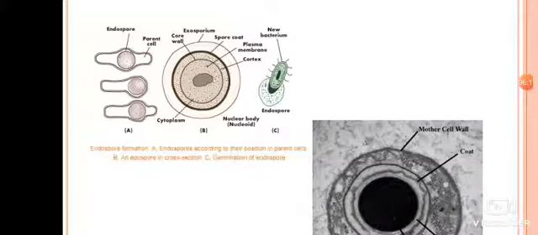On the basis of that, spores and endospores have different shapes and are classified into three different classes.